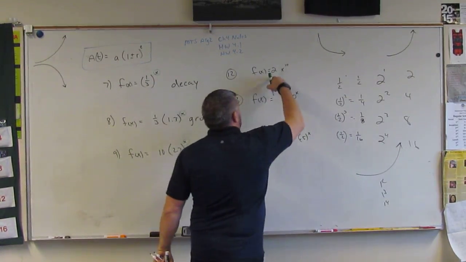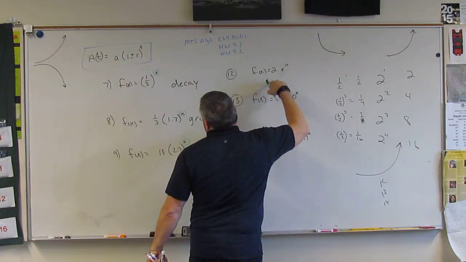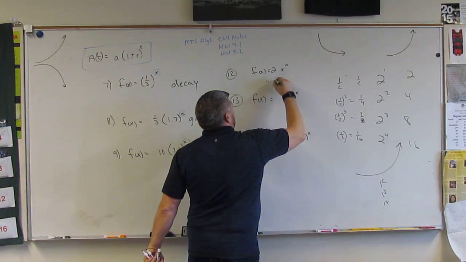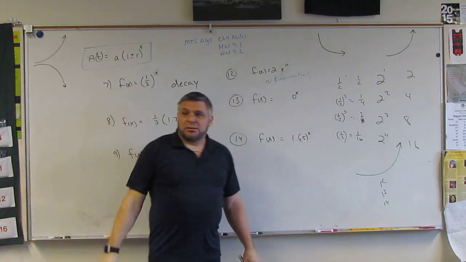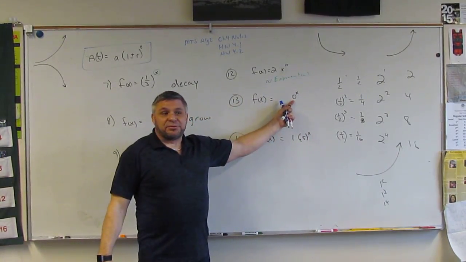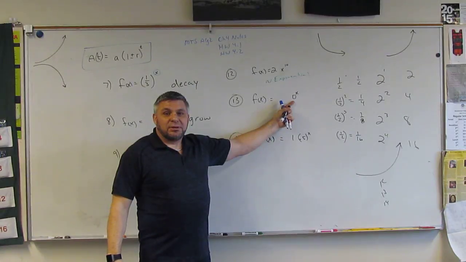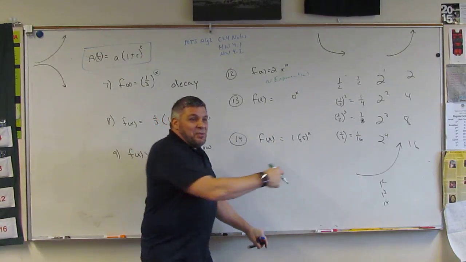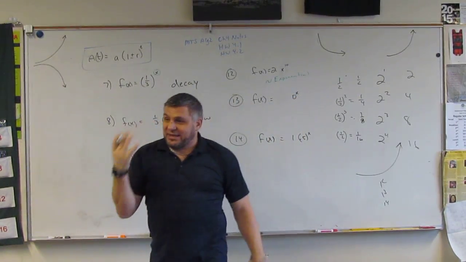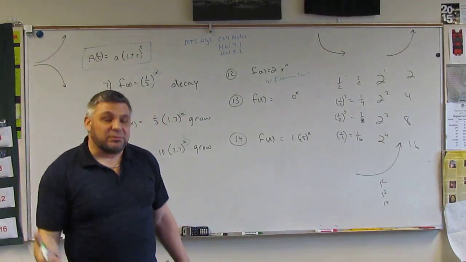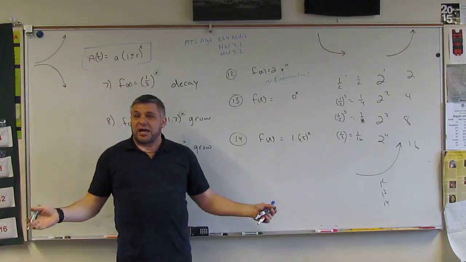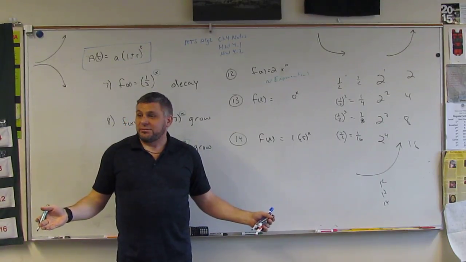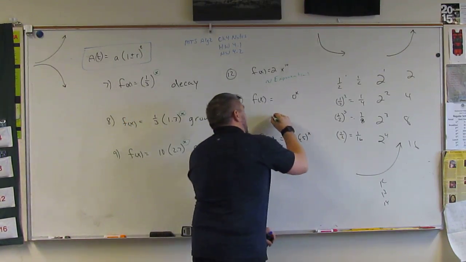So it's not exponential. Is this exponential growth? It's a trick question, right? Because the exponent is a variable, but it's of 0. And we have two rules. 0 and 1 are not exponential growth or decay, right? So, not exponential.